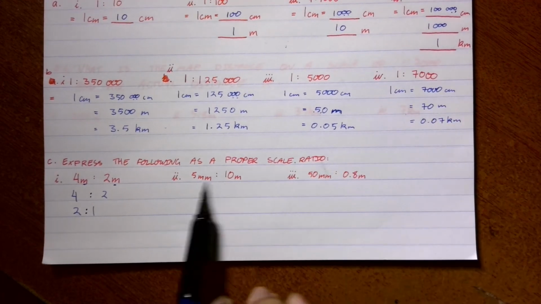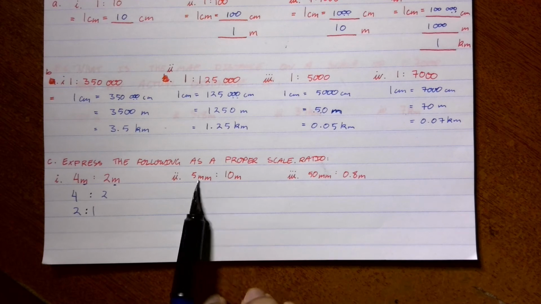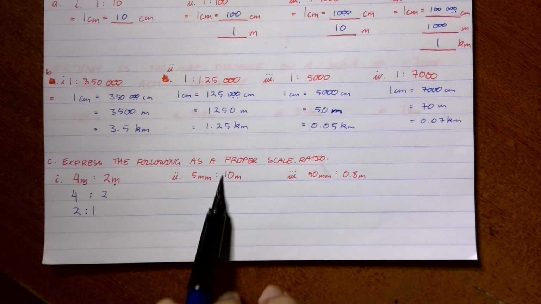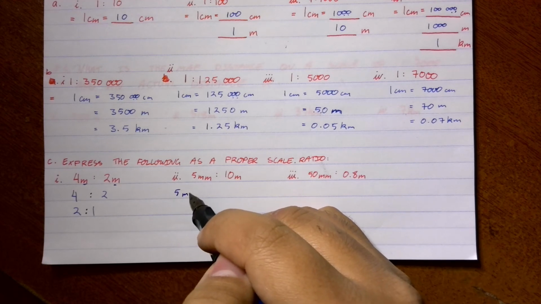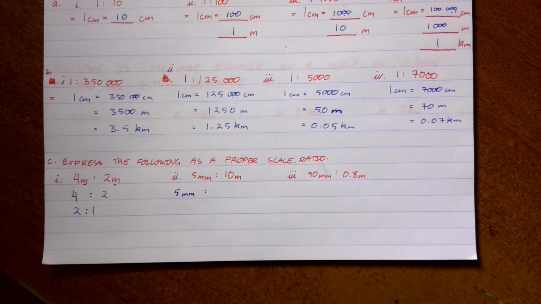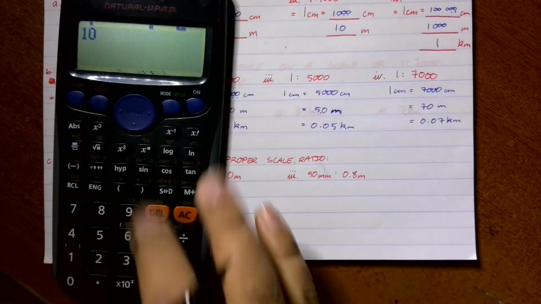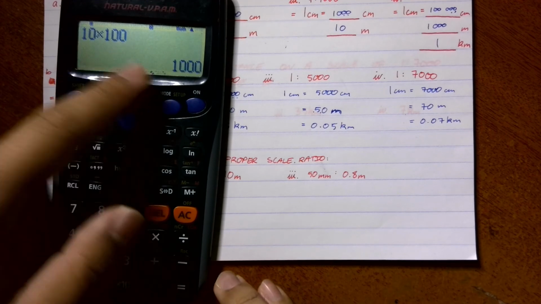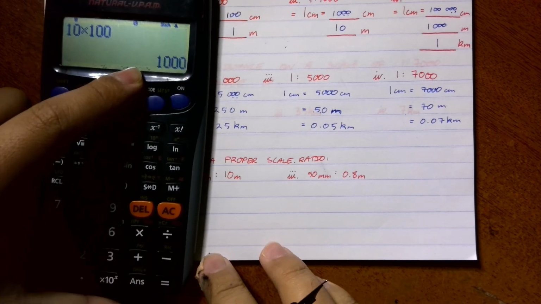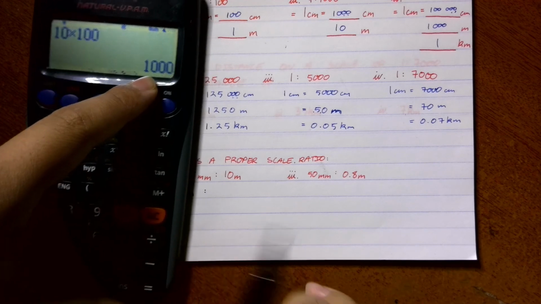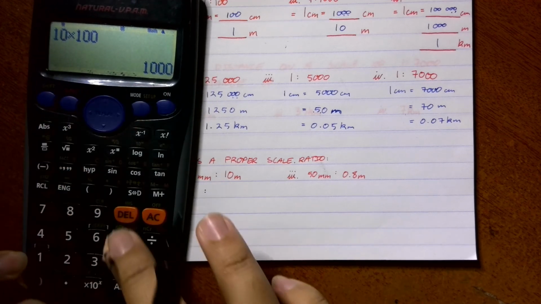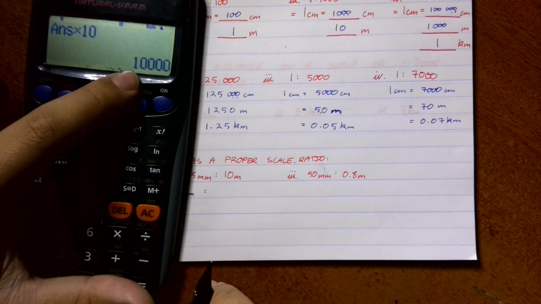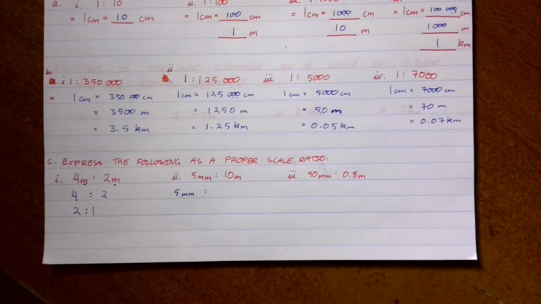Notice how in these ones, we do not have the same unit of measurement. So we need to convert meters into millimeters. So this is 5 millimeters is to, you can do this one at a time, or you can use a calculator. 10 meters times 100, that is going to be centimeters. So 10 meters is 1,000 centimeters, but we want millimeters. So this is 10,000 millimeters.